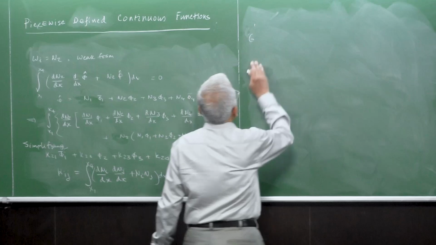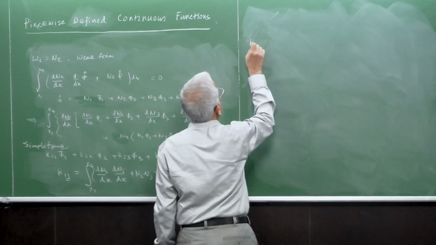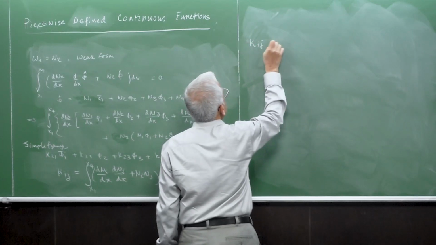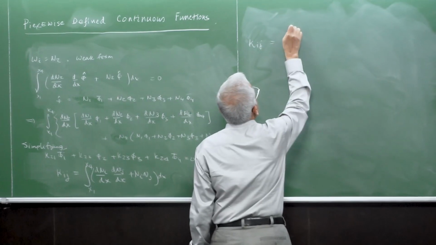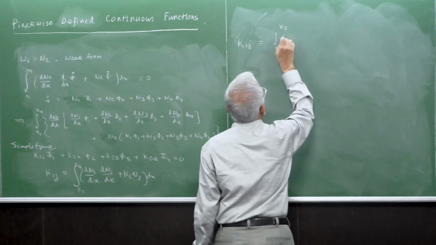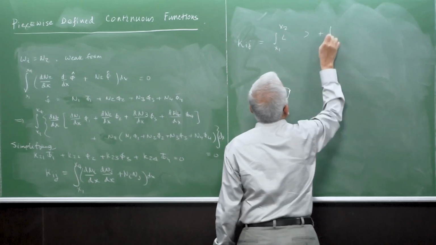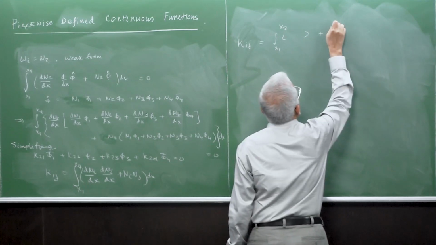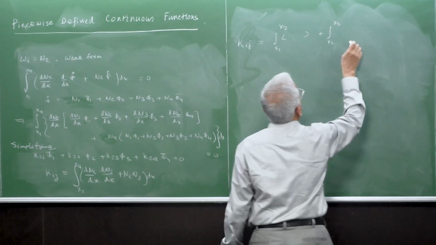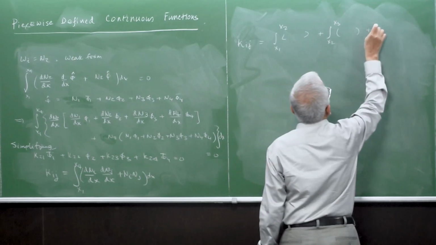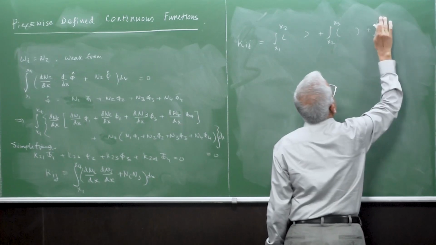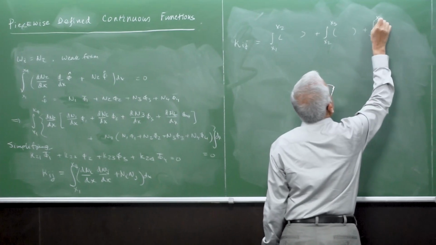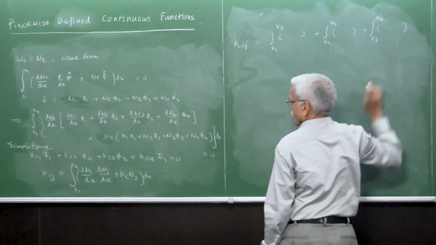And so if you want, this Kij should be split up into x1 to x2, x2 to x3, and x3 to x4.